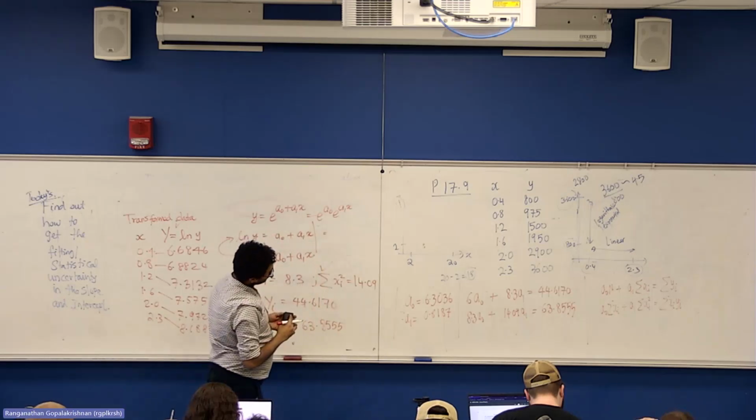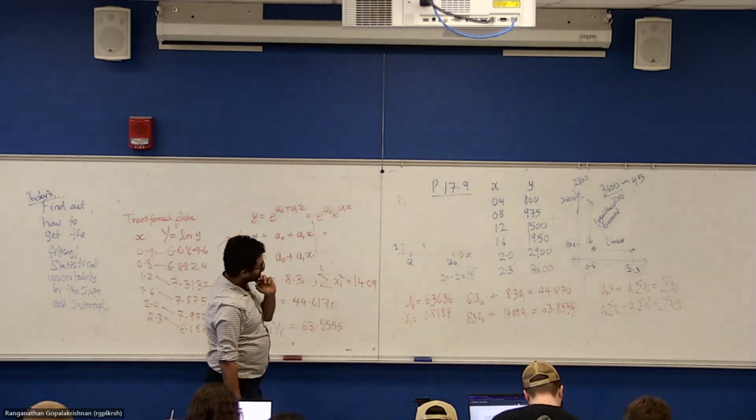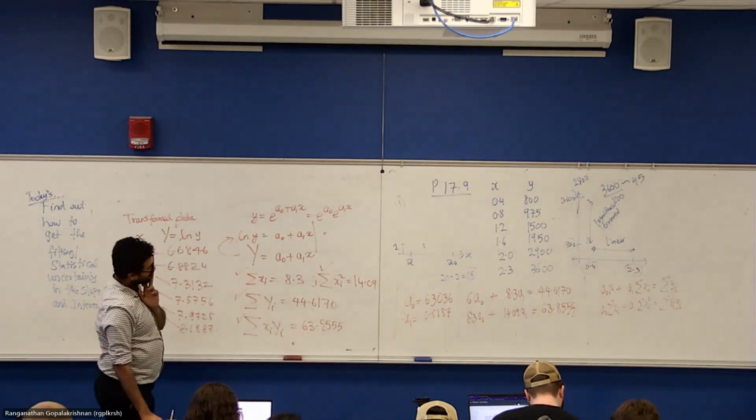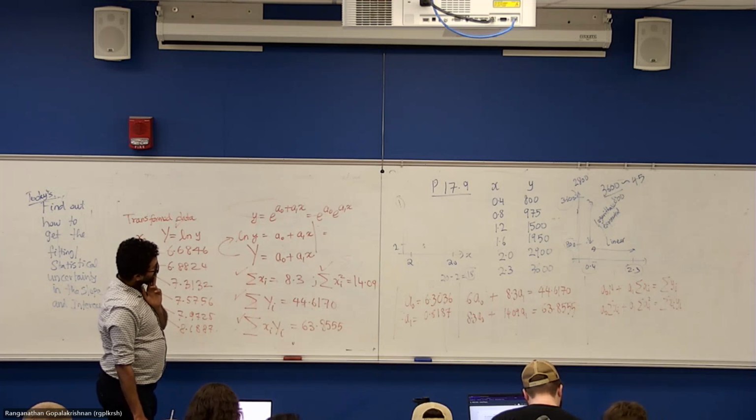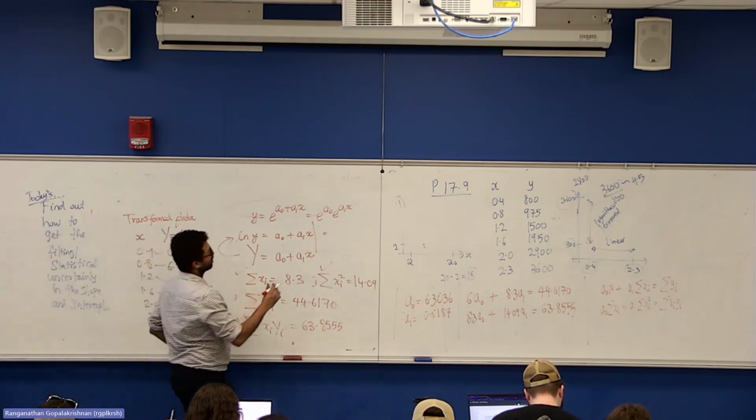Exponent of A0. That doesn't seem correct. Exponent of 6 is a huge number. That's exponent of 6.3. Yeah, okay, that's not bad. That's only 540. So maybe it's not a problem.